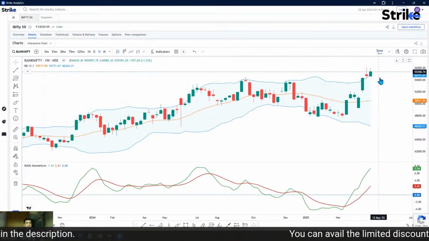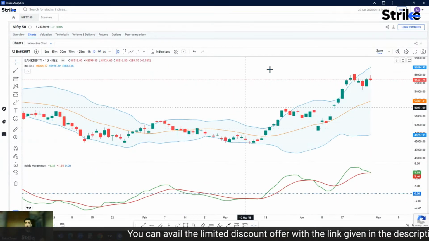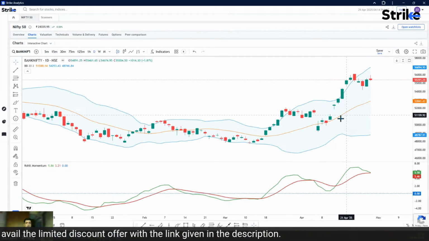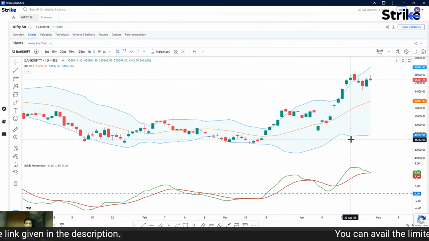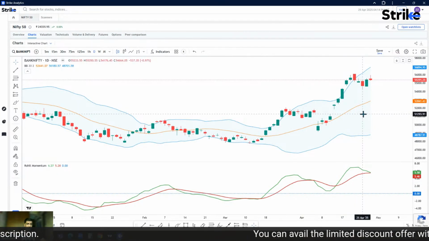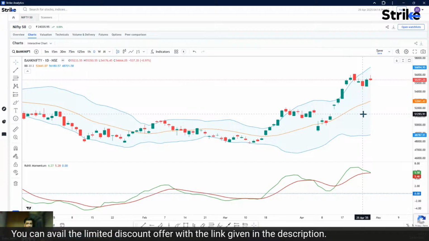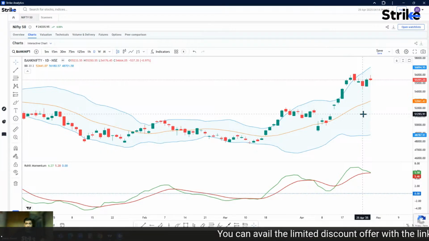So on the weekly chart, it is still in a buy mode, so I'm not afraid of the war, because if there is a war coming up, then the chart will speak and show us some bearish sign. But over here, Bank Nifty is really very strong, and I've observed in my last 20 years in the market that whenever Bank Nifty is stronger than Nifty, that marks the turnaround in the market.